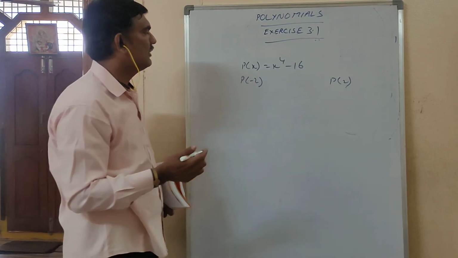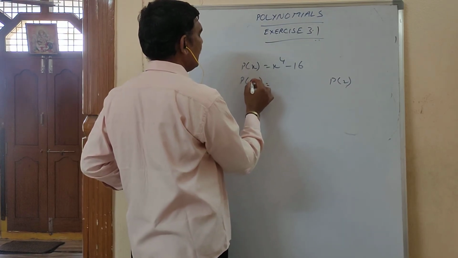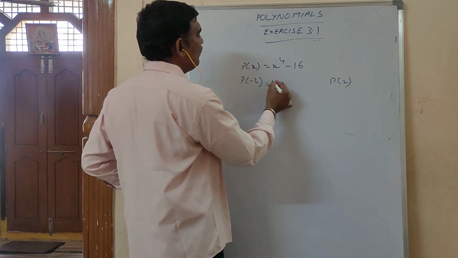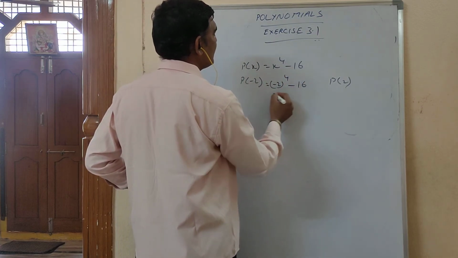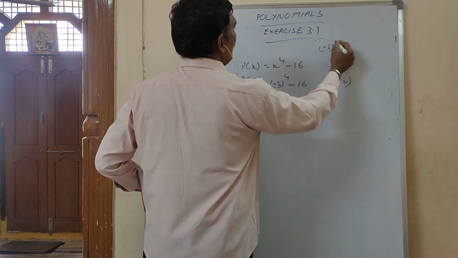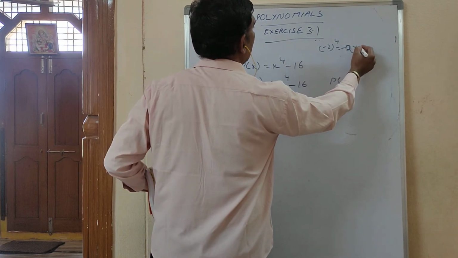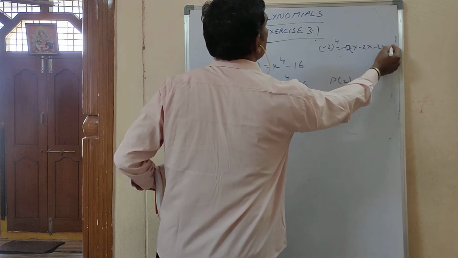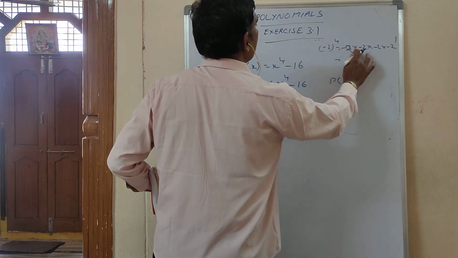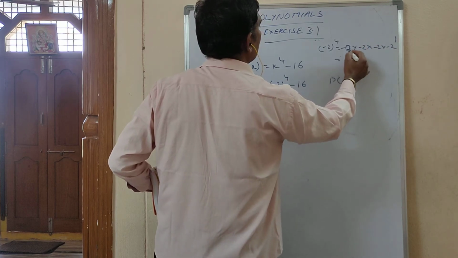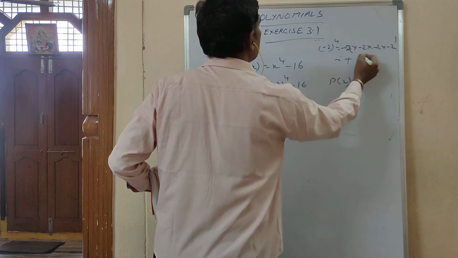It is a definition. Now what you have to do is, in place of x you have to write minus 2: minus 2 whole power 4 minus 16. Minus 2 whole power 4 means you have to write minus 2 four times and multiply. Minus into minus is plus, plus into minus is minus, minus into minus is plus. 2 to the 4, 4 to the 8, 8 to the 16.